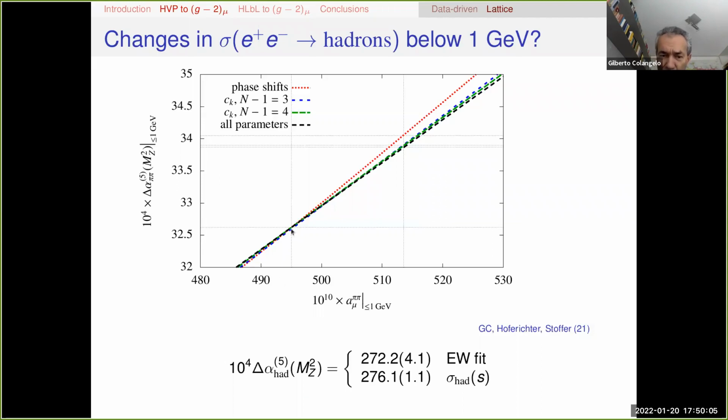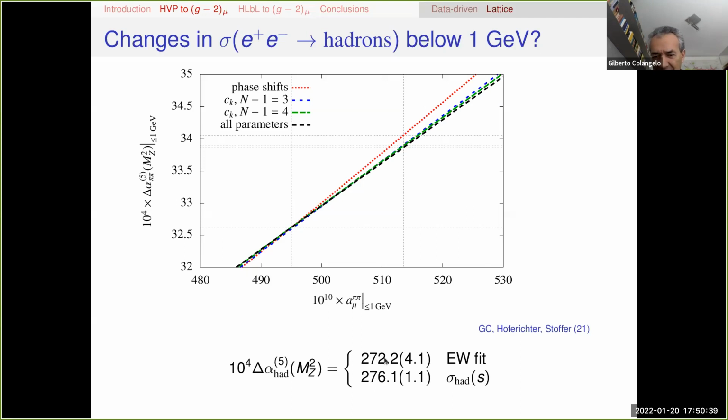So you see that if you move from the minimum of the fit, which corresponds to about 495, to the value of BMW, you necessarily have to shift delta alpha. And this correlation is essentially independent of what parameters you allow to change. And you see that you have an increase in this running of alpha of about 1.5 units. So this number here would have to be increased by 1.5 units.